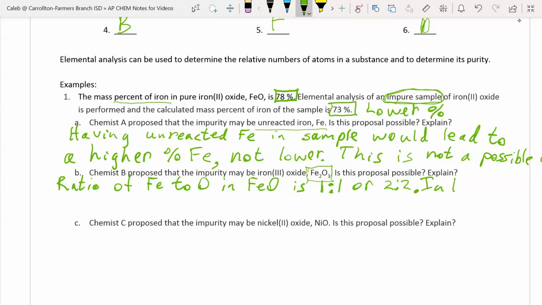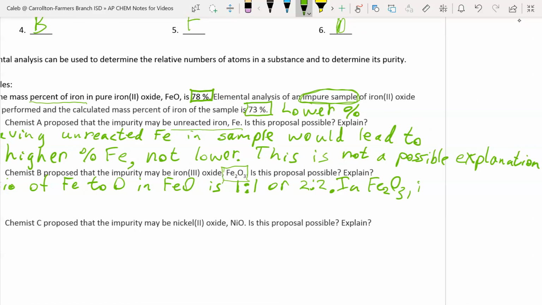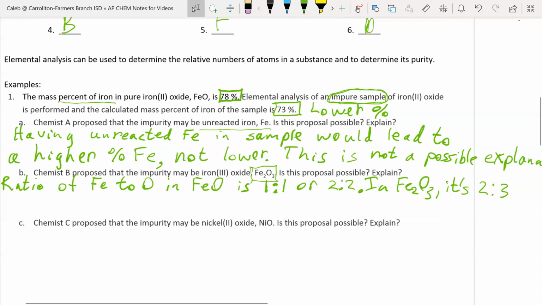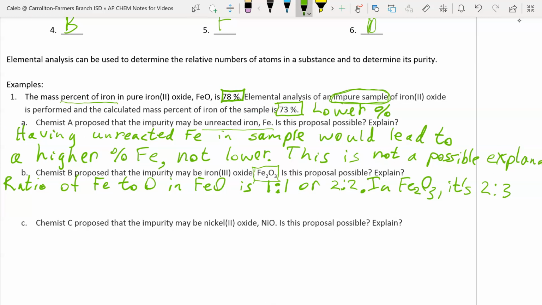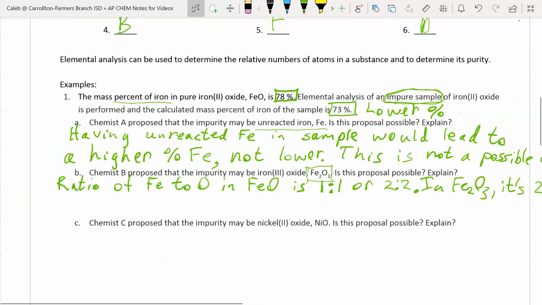In Fe2O3, it's 2-to-3, which means a lower ratio of iron. It's a lower percent of iron. So what we can conclude is that Fe2O3 has a lower percent Fe.